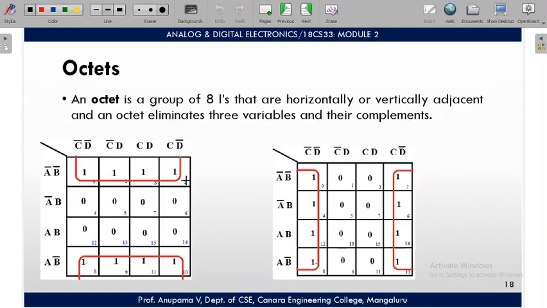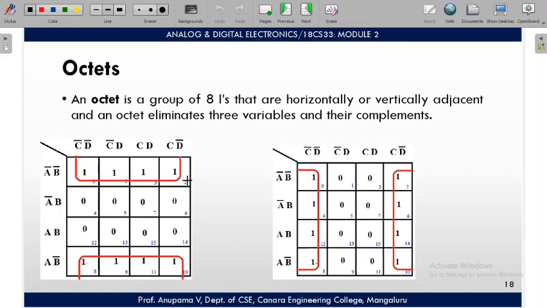This is an octet. An octet is a group of 8 ones that are horizontally or vertically adjacent, and an octet eliminates 3 variables and their complements. An octet will have the highest priority in the K-map while grouping.